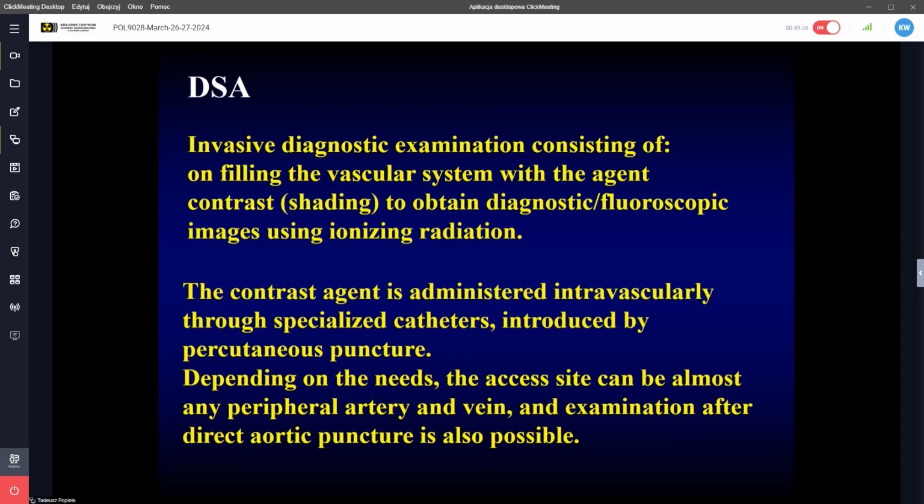If we want to see the brain vessels, because we're talking about neurointerventional radiology, we must catheterize at least three main arterial trunks. It means the right and left common carotid arteries, and at least one of the two vertebral arteries. Then we are sure that we will see all the brain vessels.